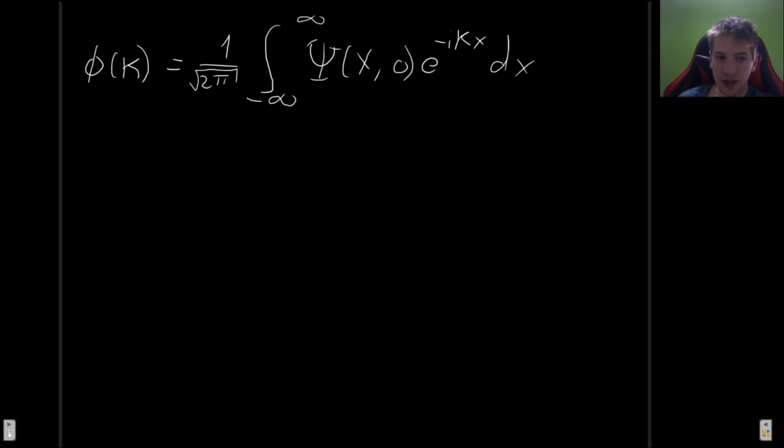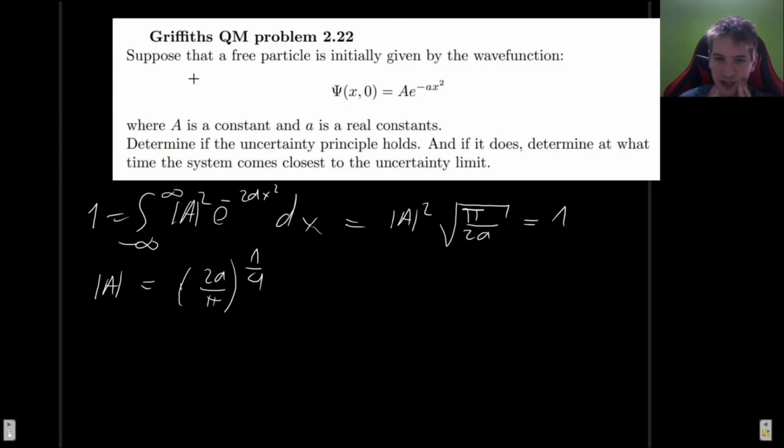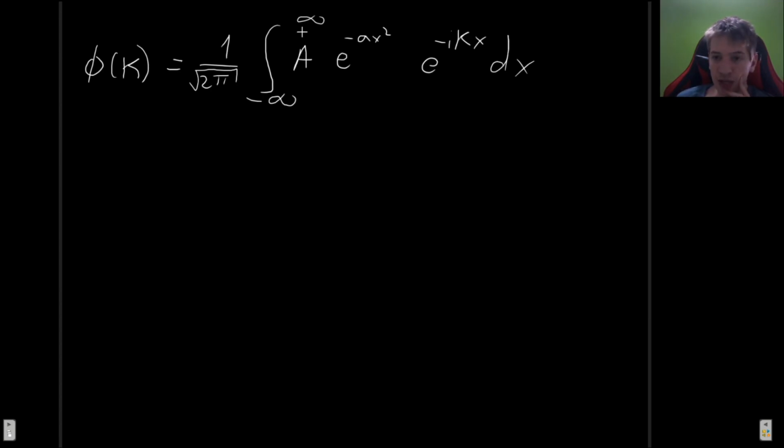So let us now write in here our expression for psi. Psi is just A times e to the minus a x squared. Let me double check, that's what it was, right? Yes, okay.